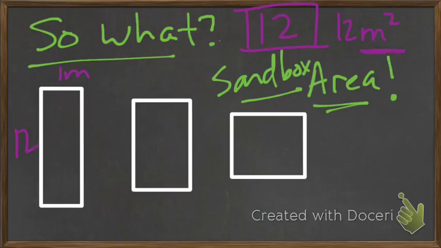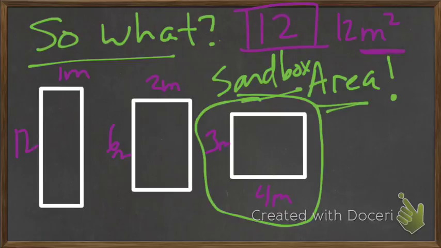That's more of a sand rectangle. We could have one that is 2 meters by 6 meters. That's a bit better, I guess. Or we could have one that is 3 meters by 4 meters. Now this is probably the most boxy looking sandbox right here. This is the one we are going to go with. And that's what factoring helps us with.